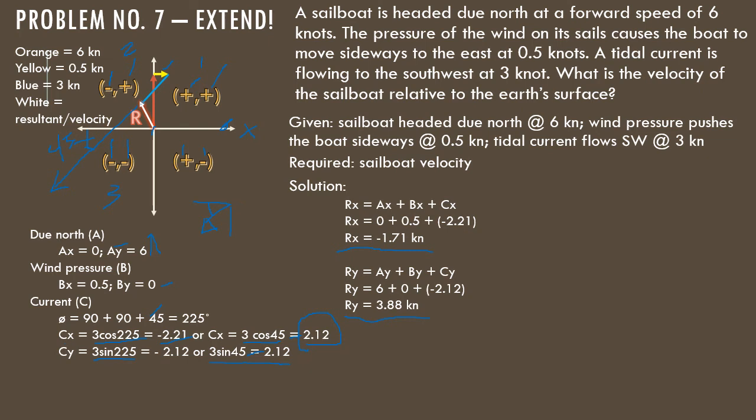Then, the ry niya is 3.88, or yung ry niya ay nasa upper quadrant. So, kung yung rx niya ay negative at yung ry niya ay positive, ibig sabihin yung direction niya ay towards northwest. This one.